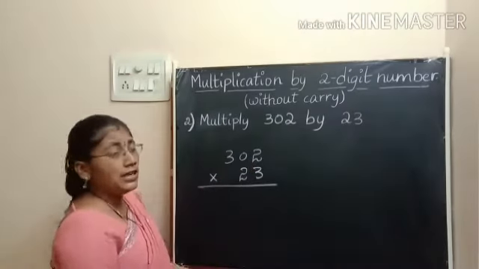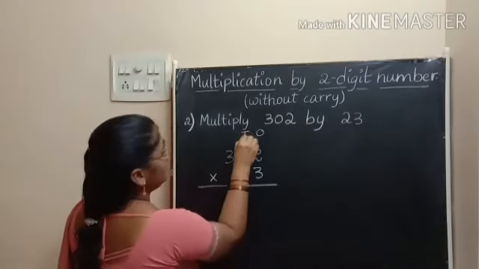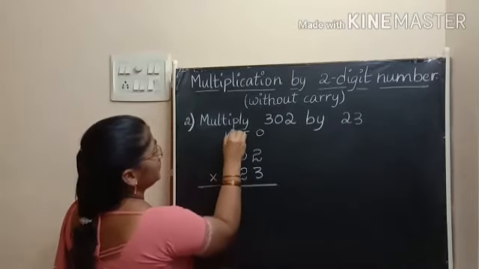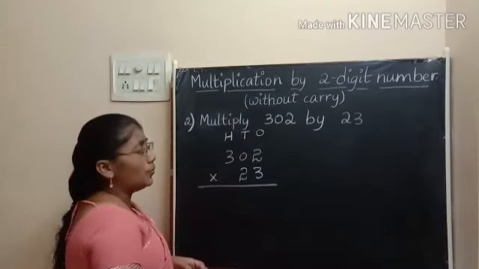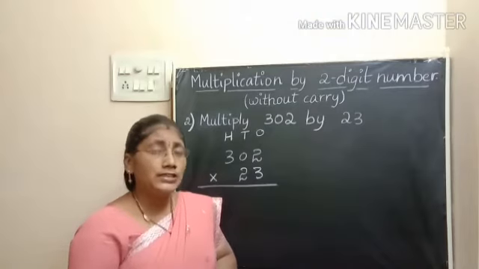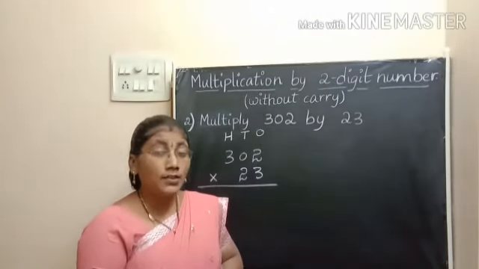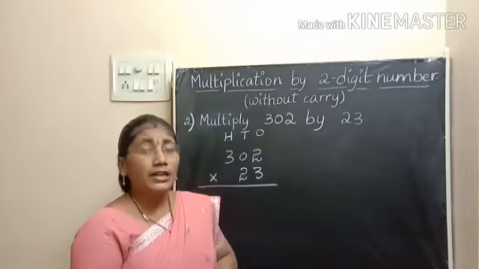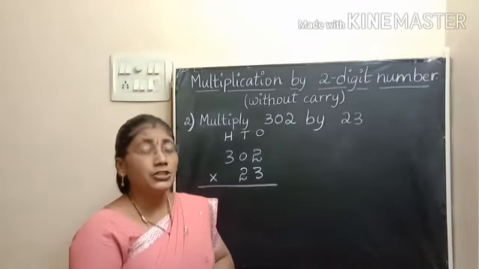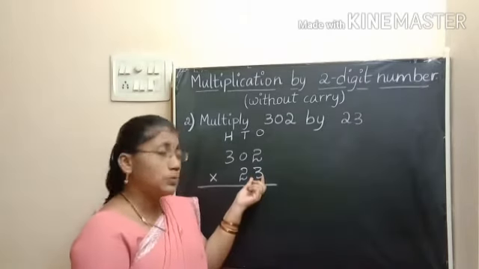We have 3 digits in the multiplicand, so we need 3 places to represent these digits. While doing multiplication, we should always start from the digit in the ones column. While taking the multiplier, first we should start our multiplication with the digit in the ones place.